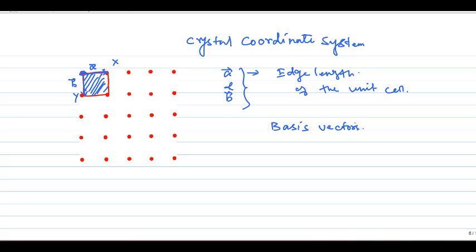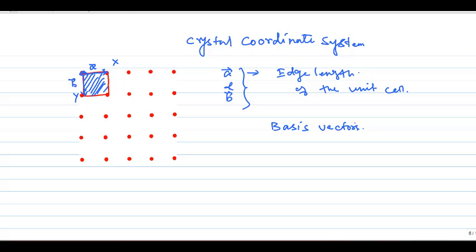So the unit cell can be described by these two basis vectors, A and B. A in one direction and B in another direction. If you consider this in 3D, then there will be one more direction, X, Y, and Z. So corresponding to that, you can have one more vector, C, which will be in the Z direction. So A, B, and C would be the basis vectors when we consider 3D.